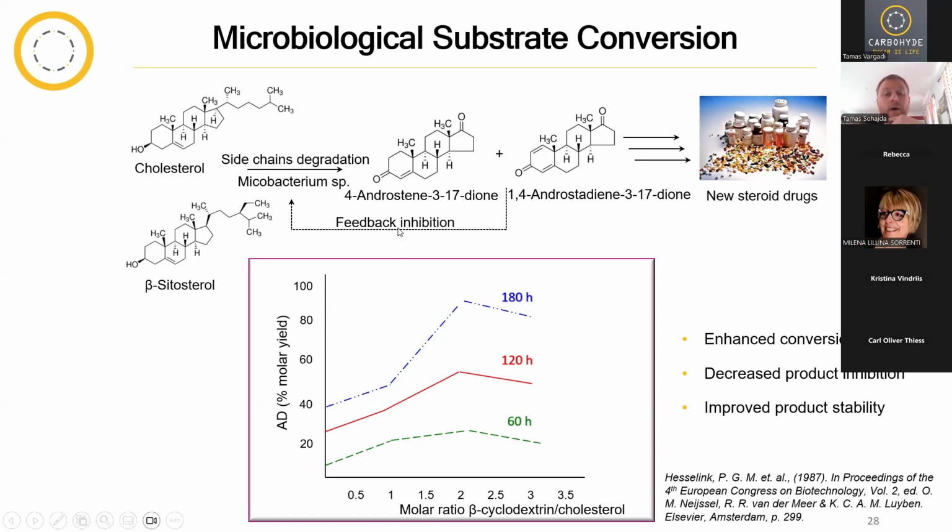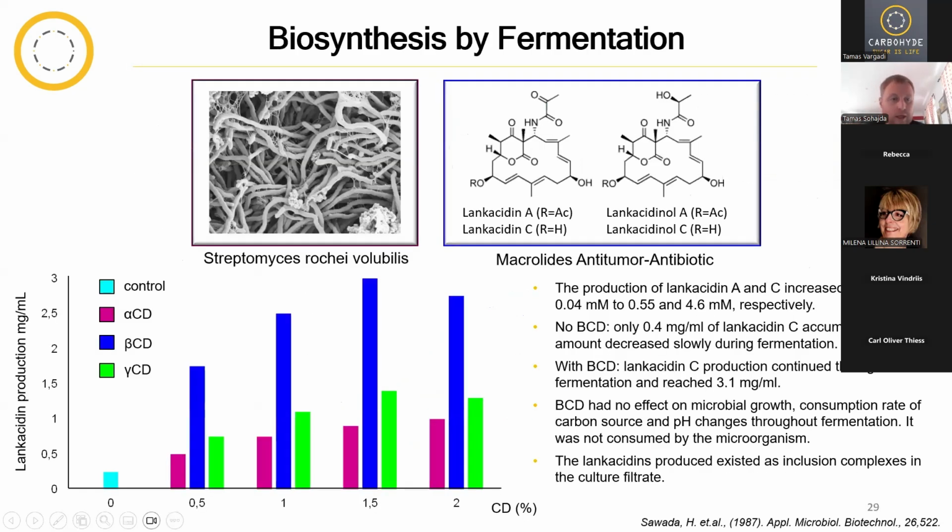Or the other potential application is that often in these cases, the product of the process is an inhibitor of the reaction. And if the cyclodextrin encapsulates the product, it can mask its presence and accordingly give a boost to the production itself. And here you can see how different cyclodextrins improve the yield of the production because of the cholesterol complexation.